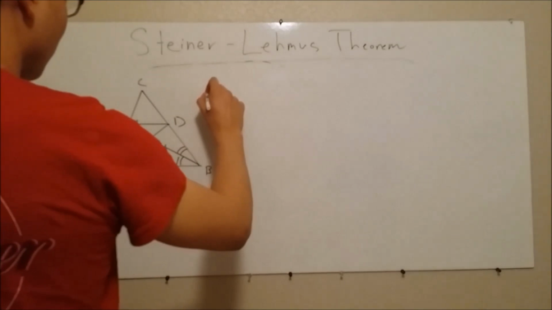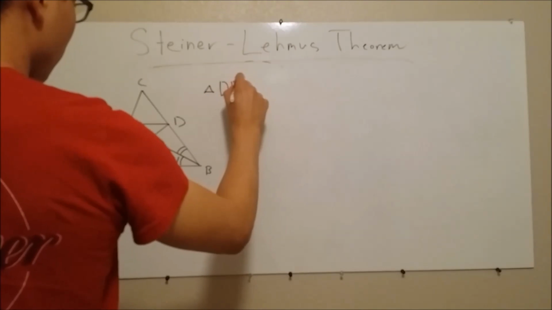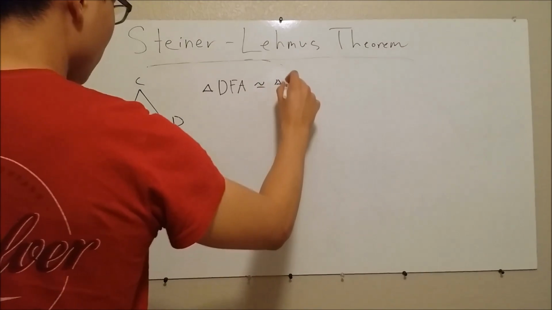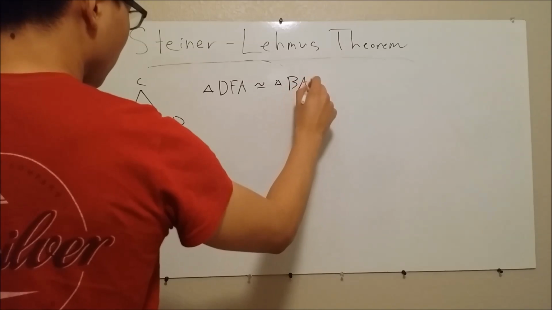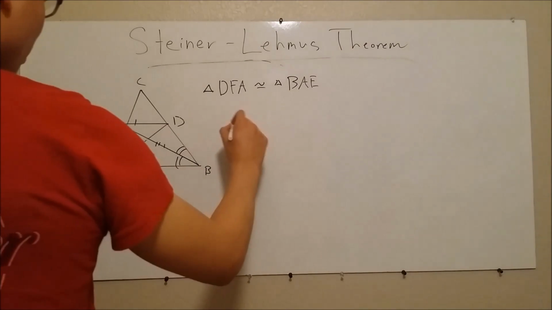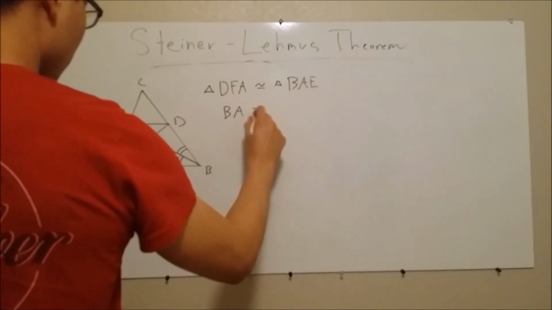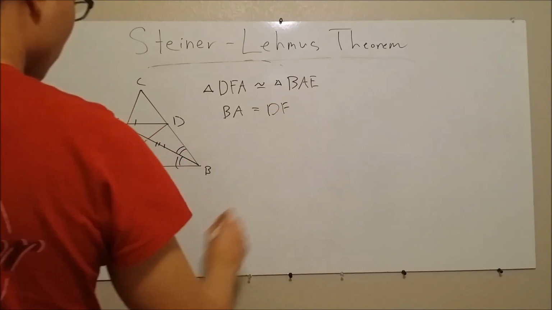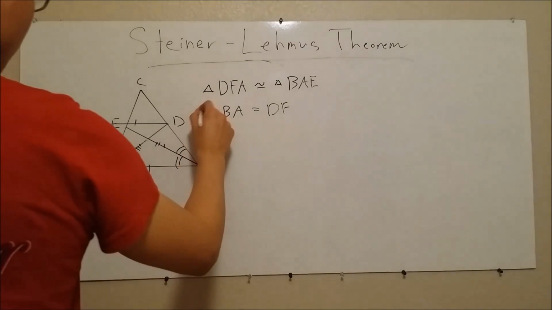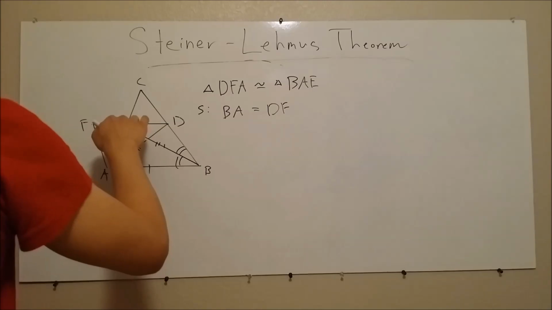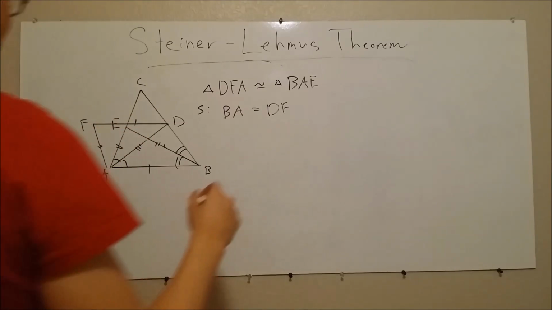Right? We have DFA is congruent to triangle BAE. Okay? Why is this so? Well, we have BA is equal to DF, right? That's a side. Okay? And we have, by assumption, EA is equal to FA.